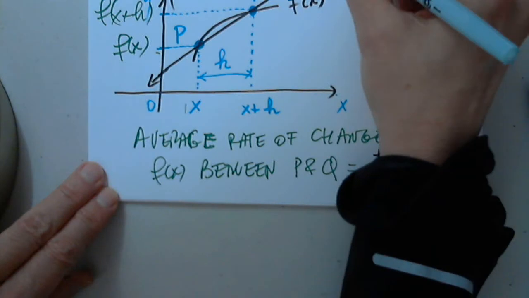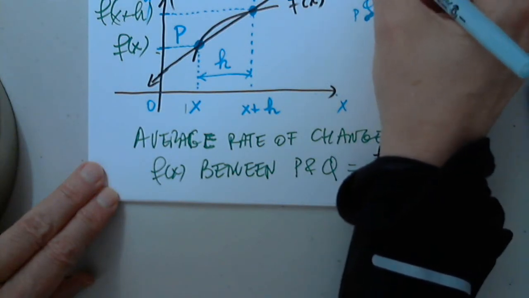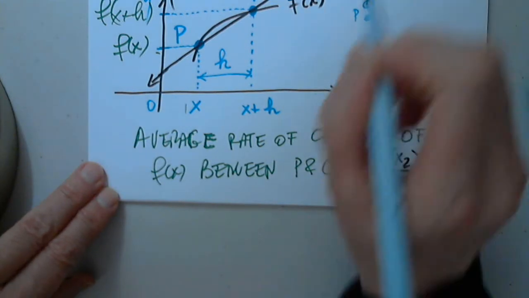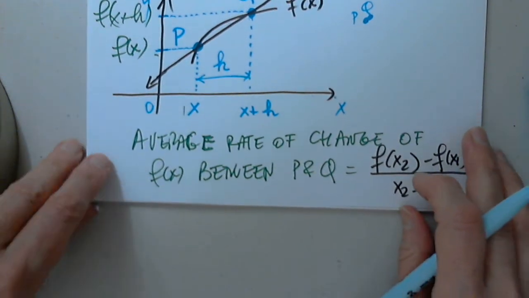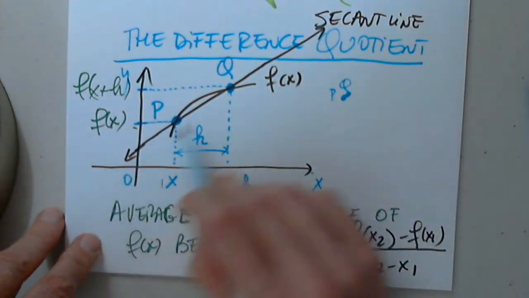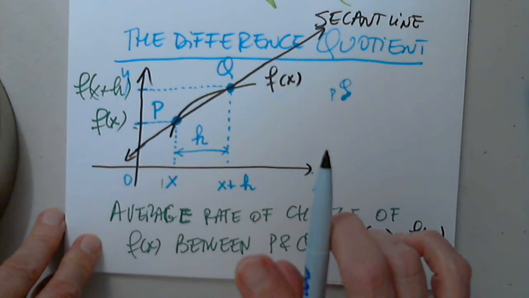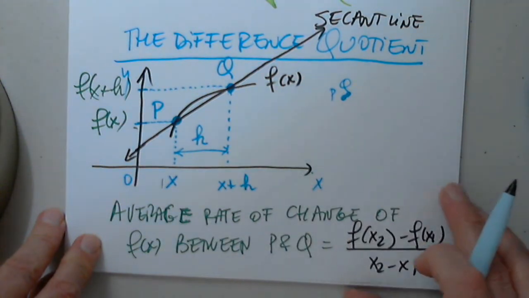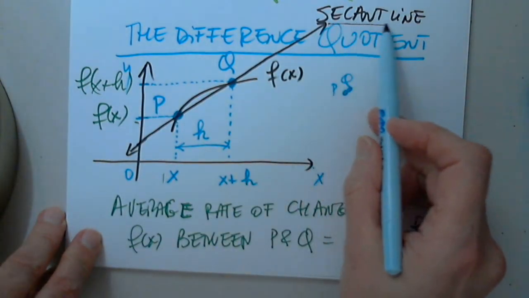So this line is a secant line. It has nothing to do with trig. It only says that it crosses the graph of the function in more than 1 point, 2 or more. It's a secant line.